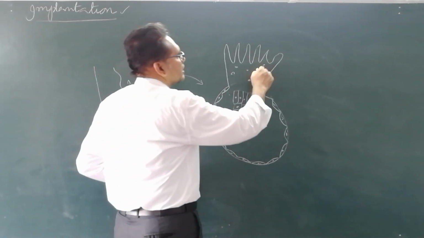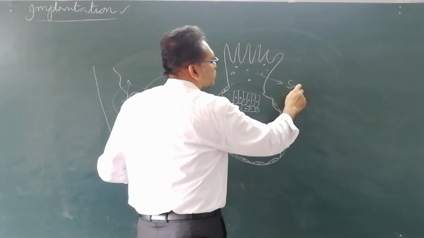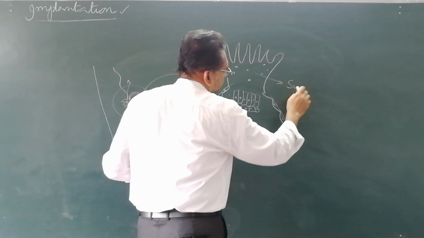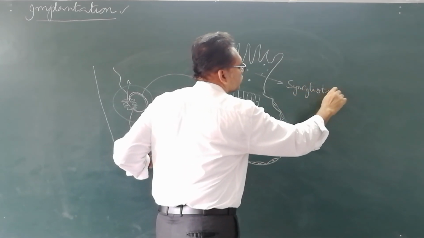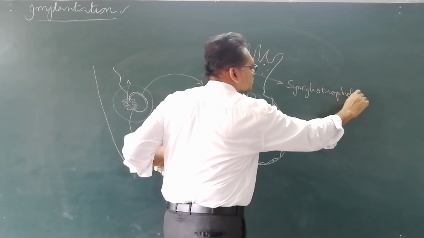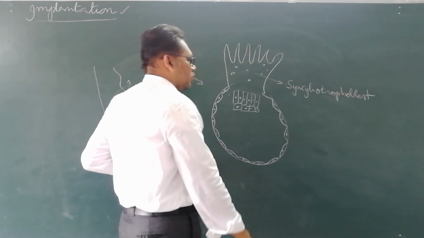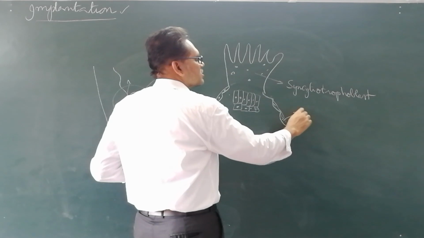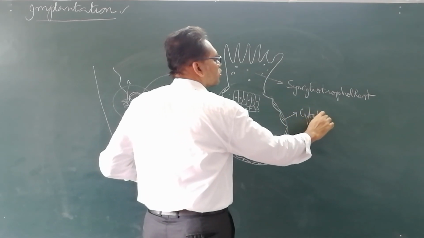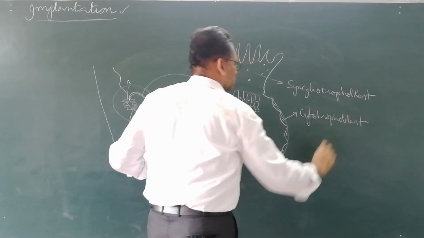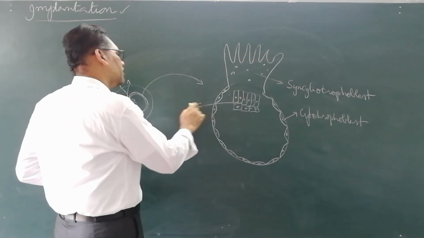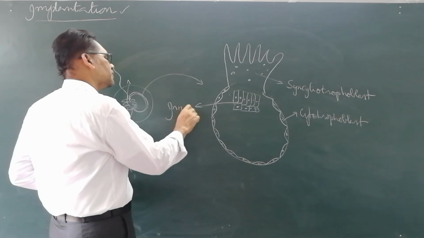This is the syncytiotrophoblast, whereas this one is the cytotrophoblast. And this is the inner cell mass.